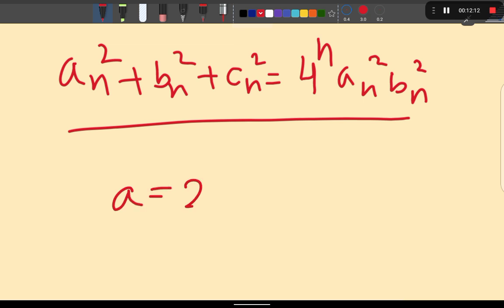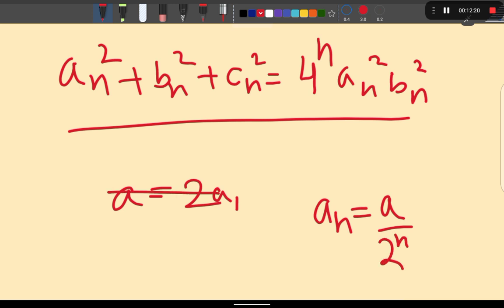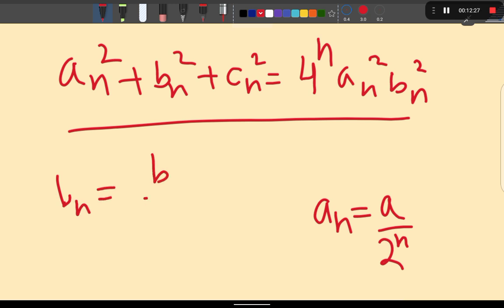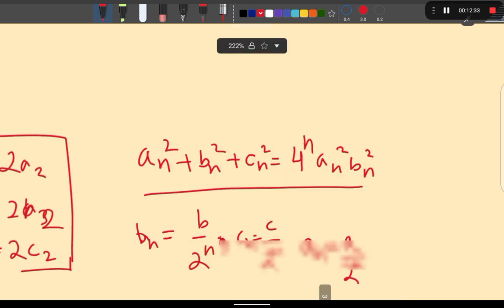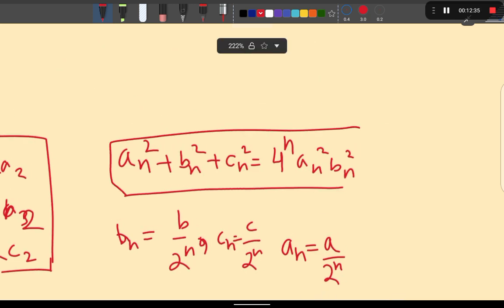We have a equal to 2a1, so we can write an is equal to a by 2 to the power n. Similarly, bn is equal to b by 2 to the power n, and cn is equal to c by 2 to the power n. So this is what we got.